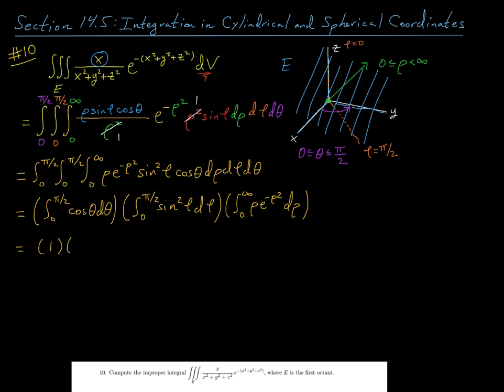Now for the second integral, I have to do a little bit of work here because integrating sine squared is going to require a trig identity. So I'm going to use the fact that sine squared of phi is 1 minus cos 2 phi over 2.